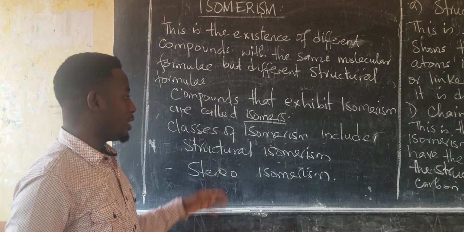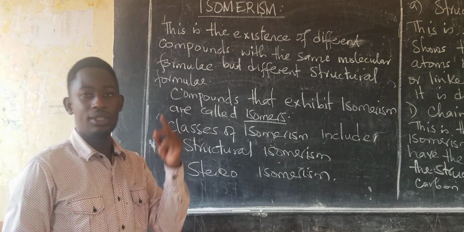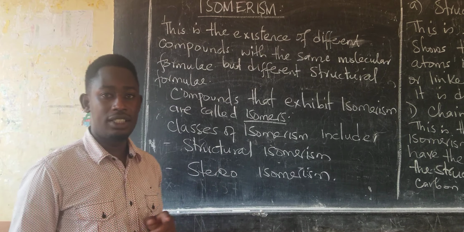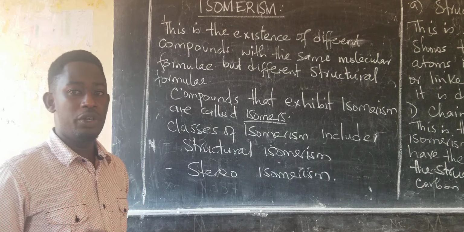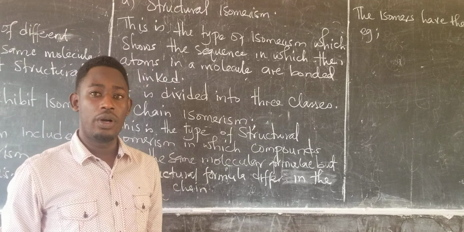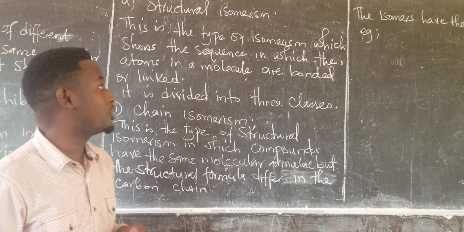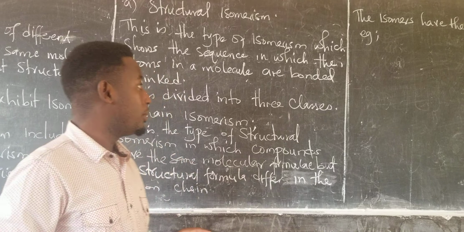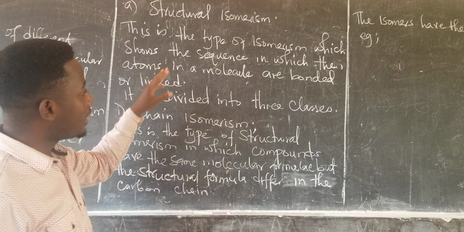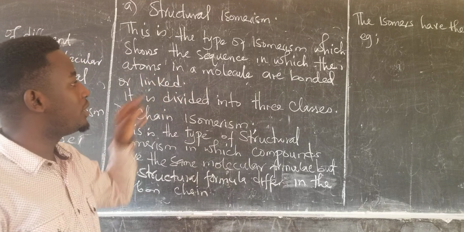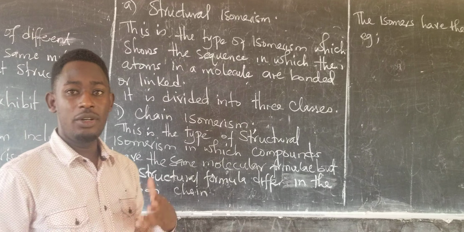And we are saying that we have two classes of isomerism: structural isomerism and stereo isomerism. So we are going to begin with structural isomerism. Structural isomerism is a type of isomerism which shows the sequence in which the atoms in the molecule are bonded or linked.